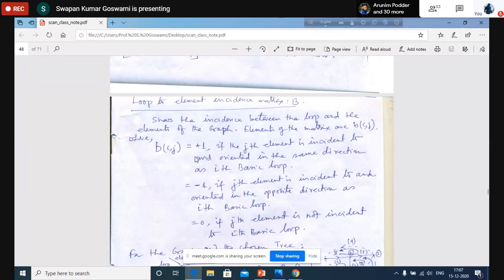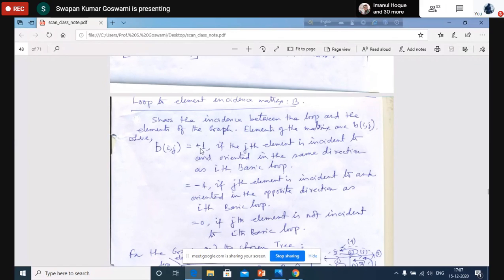And entries will be +1, -1 or 0. It will be +1 if the jth element is incident to loop i. The jth element is incident to loop i when the jth element is a part of loop i. So if the jth element is a part of loop i, we say that the jth element is incident to loop i.